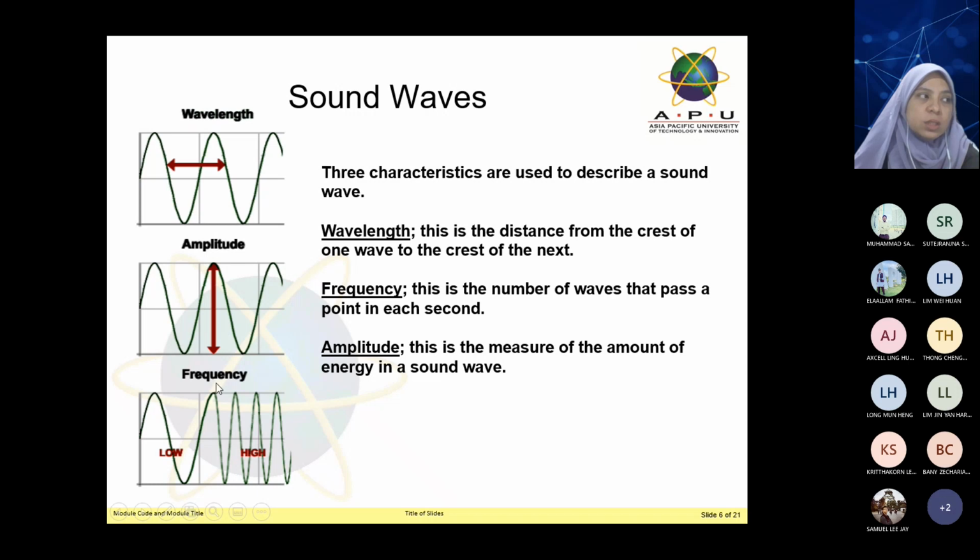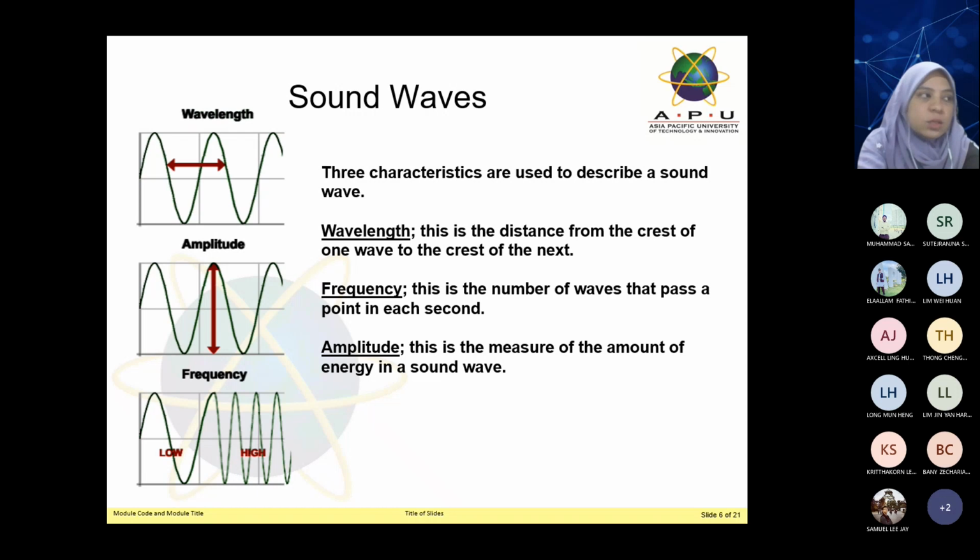Next is frequency. Frequency is the number of waves that pass a point in each second. To calculate the frequency, we already know the formula: F equals 1 over T, where T is the period of one cycle.